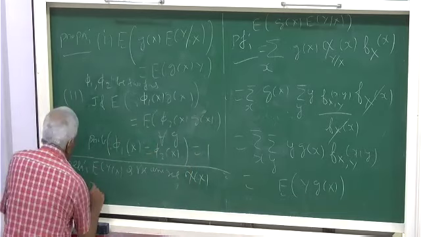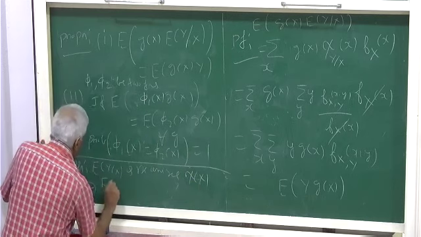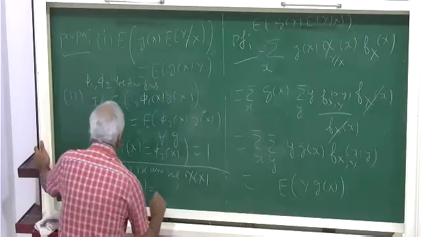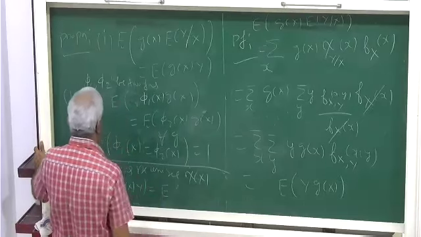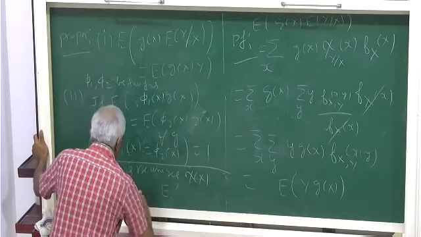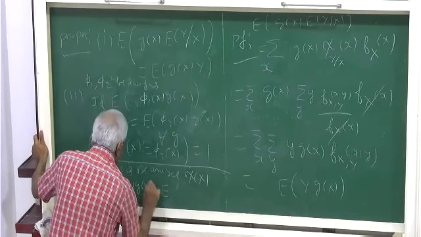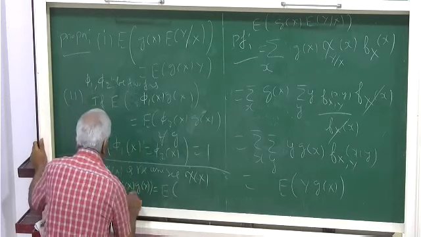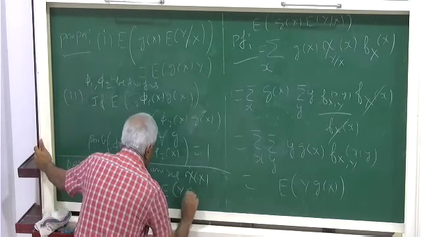Okay, such that E of chi of x y is equal to, sorry, E of g of x, equal to E of y times g of x.